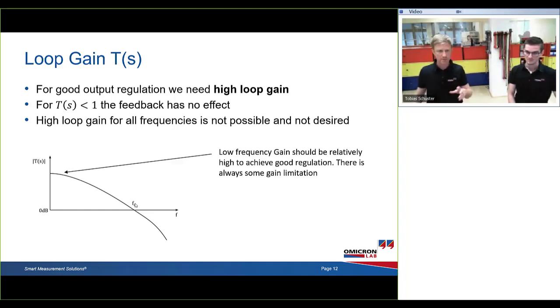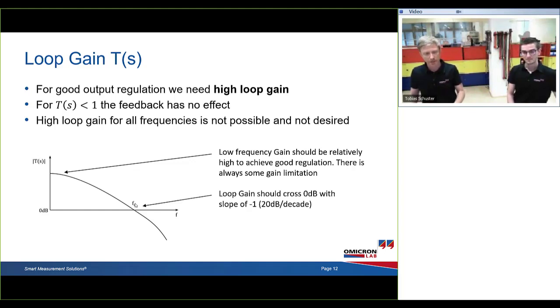So at low frequency the gain is quite high to achieve good regulation. This is especially important in the case of a simple voltage feedback, and then it crosses the 0 dB axis, that's the crossover frequency, and the slope at the crossover frequency should be around -1 or -20 dB per decade. When you have a slope of -1 or -20 dB per decade, then we can apply the simple phase margin test.